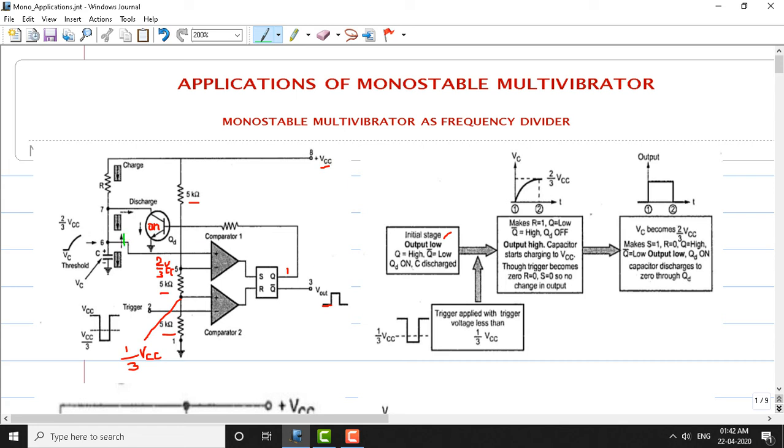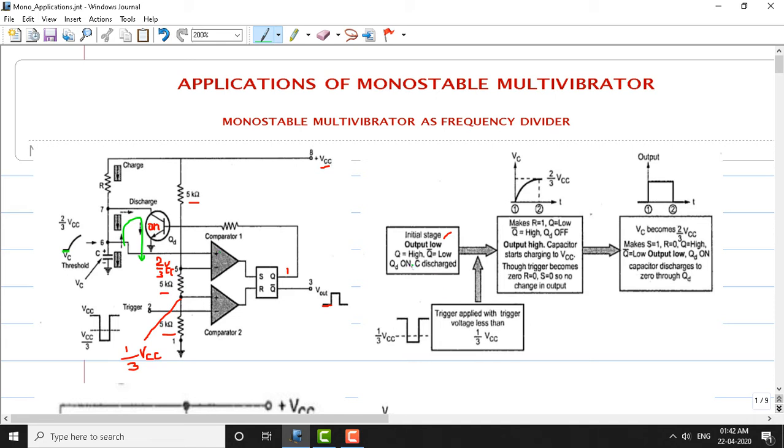The discharge path of the capacitor is shown here. Once the capacitor discharges, the voltage across the capacitor becomes 0. So this VC is going to become 0 here. The VC itself is the input to the non-inverting terminal of comparator 1.